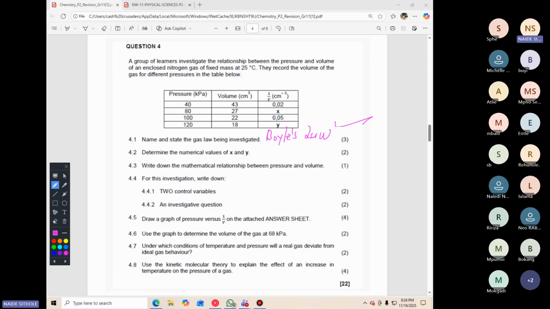So let's define the pressure of an enclosed gas.